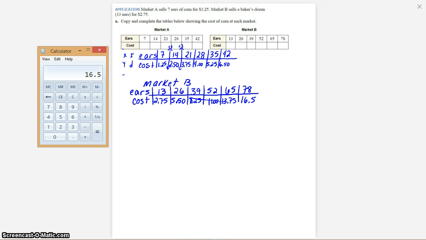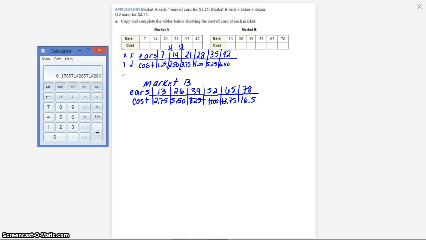And remember, this is going to be a strange number, your constant, but you can always take that cost and divide it by the ears, and each time that's going to give you the same number. If we go back up to market A, and we take the first Y number, $1.25, and divide it by 7, we get a really long, ugly decimal, but we can look at it as about 0.18.